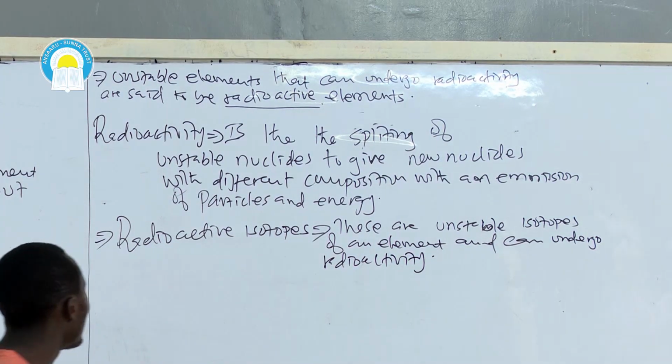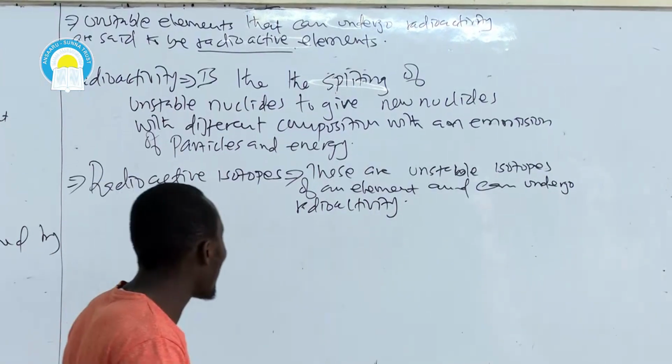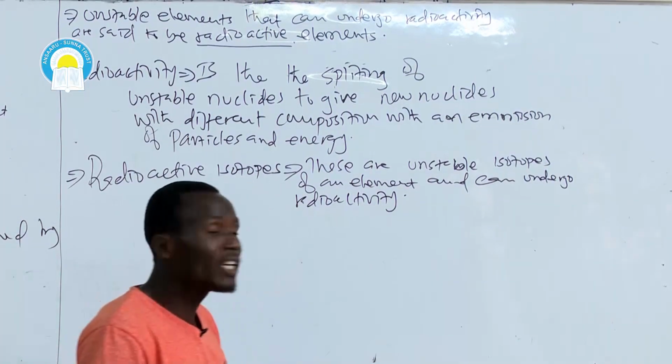So we talk about radioactive isotopes: unstable isotopes of an element that can undergo radioactivity.